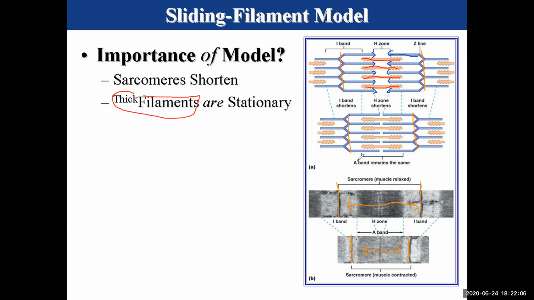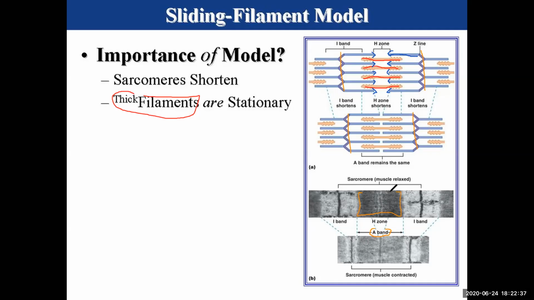Whereas the A band is where there's an overlap between thick and thin filaments, so it looks darker, right? The A band here is this region.